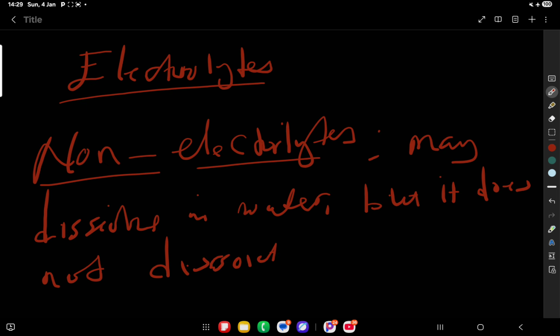So there is no dissociation into ions, you guys. It will just dissolve in water, but no ions will be dissociated.